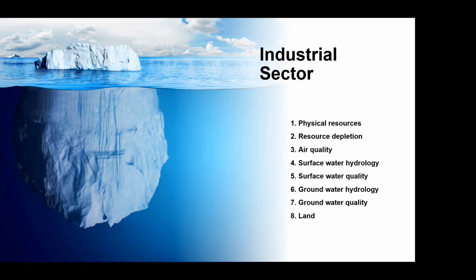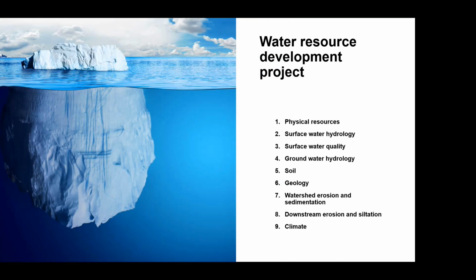You cannot build in an environment which is already waterlogged or has seepage issues. Groundwater quality and availability of land are also very important. You should also consider the water resources of different developmental projects. If you see physical resources, surface water hydrology, surface water quality, groundwater, soil, geology, watershed erosion, downstream erosion, and climate, almost all those factors and indicators are the same in every project.